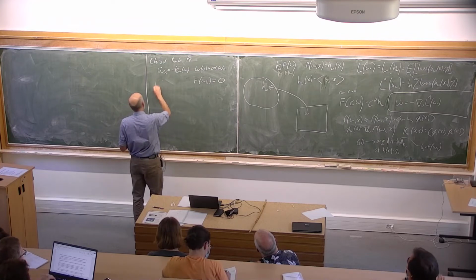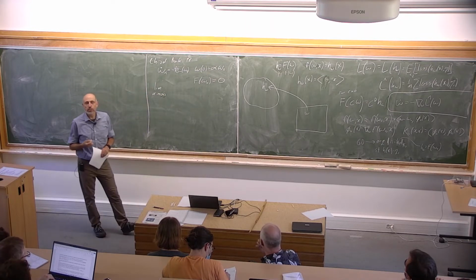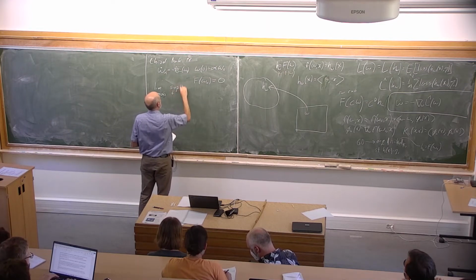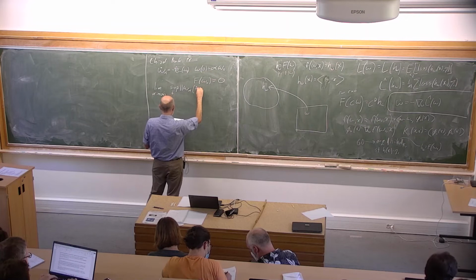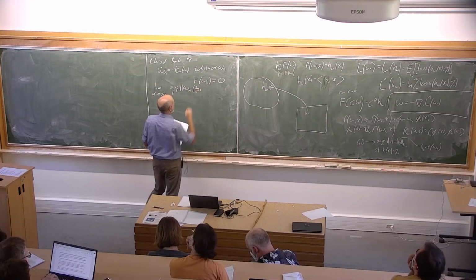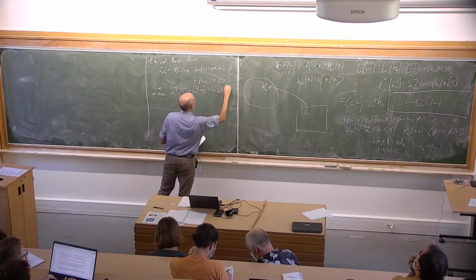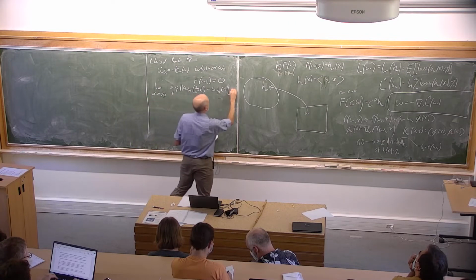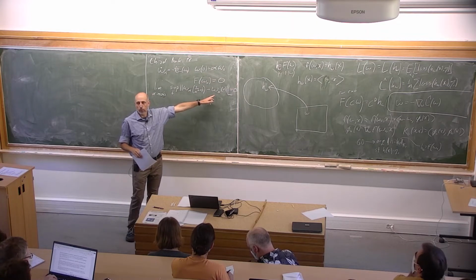The Chizat-Bach result can be phrased as follows: when I take this initialization scale to infinity, then my entire trajectory, after an appropriate rescaling of time, I think it comes to alpha to the d minus 1 here, converges to the trajectory of gradient flow in the kernelized problem.